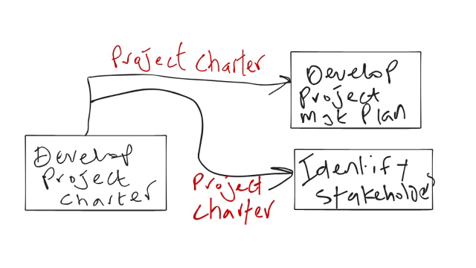All right. Now, another important relationship that people often forget in the 6th edition is how the Develop Project Management Plan process creates some feedback into an initiating process. It's quite rare.